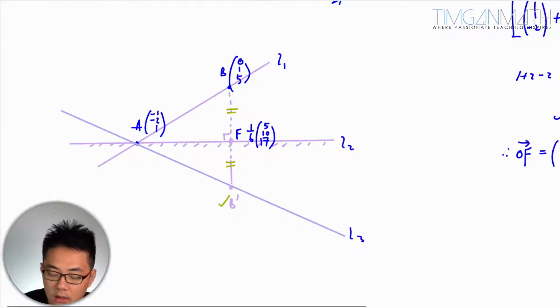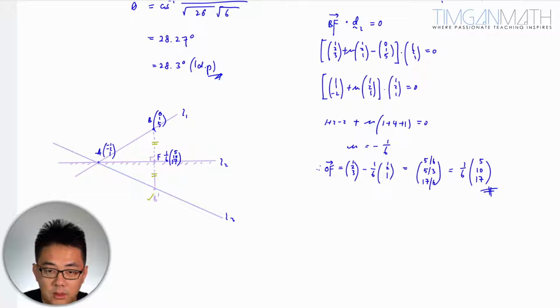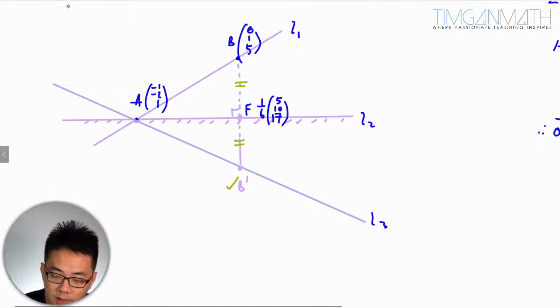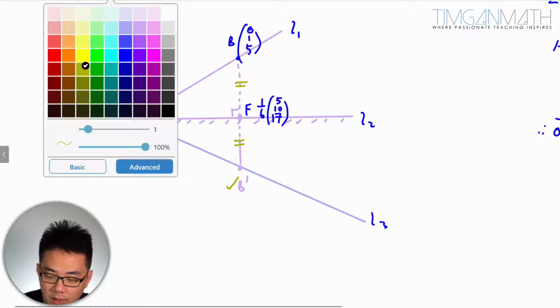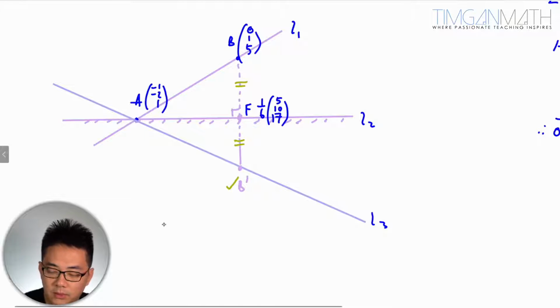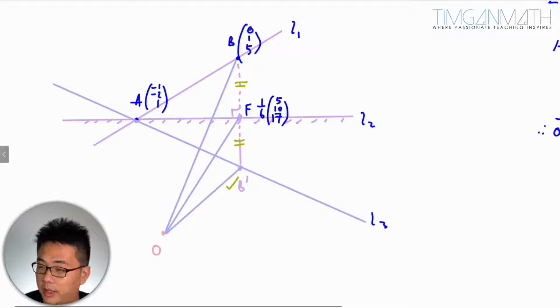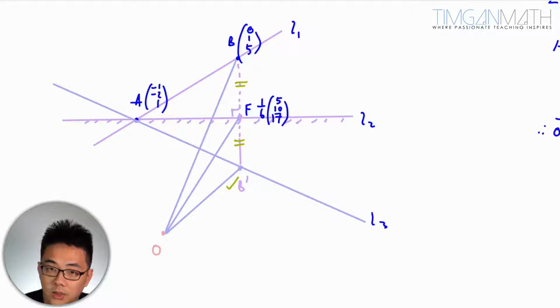So when you use mirror image, don't go and use AB, AF, and OB prime. Don't do that, because you need to find AF and so on, right? Typically what I'll say is just take an origin, then you just stretch it out here, then you use midpoint theorem based on O instead of basing it on A. Okay, because O is much better.